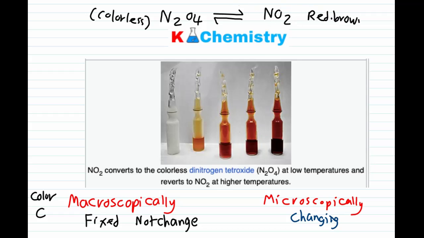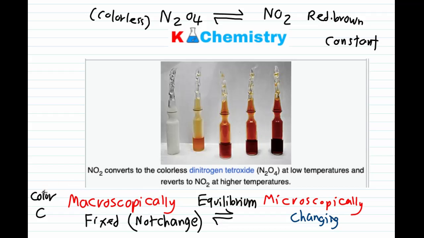After a while, the color becomes constant. What is the meaning of the color becoming constant? That macroscopically I cannot see any changes. So equilibrium has two definitions now. It is the state in which the forward reaction is equal to the backward reaction, and there is no change in the concentrations. And I can say a third thing, that macroscopically there is no change.